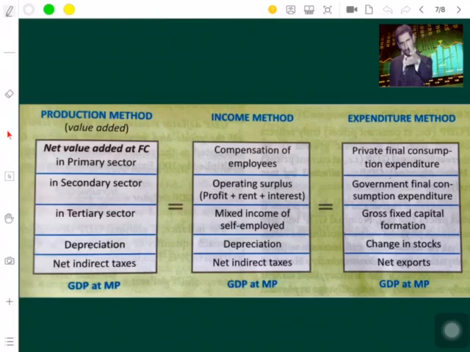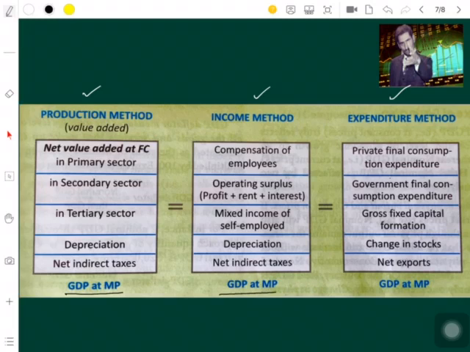This is a consolidated part of yours. Your product method, your income method, and your expenditure method. See, under every method you have the components which are leading to GDP at MP.